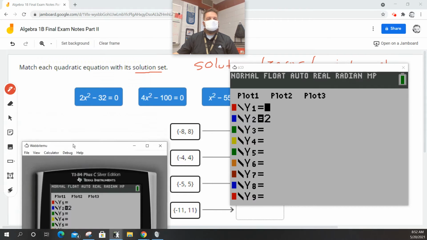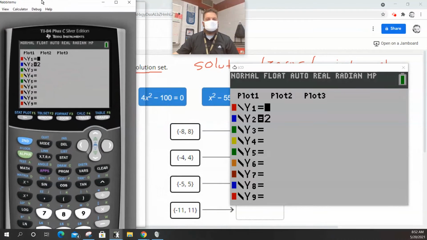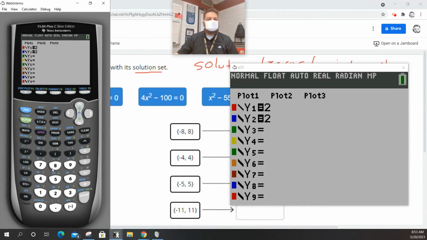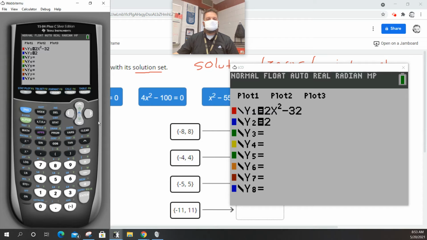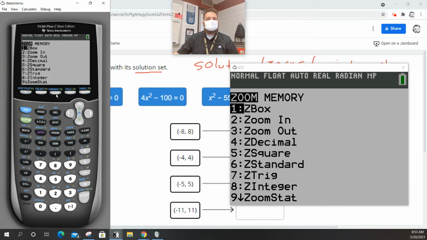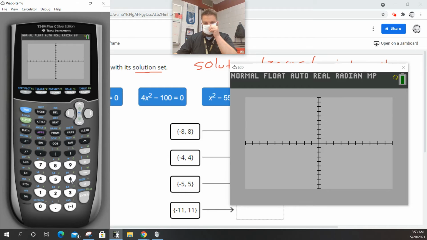So the first one is 2x squared minus 32. Because it's already set equal to 0, if I hit zoom and go to standard, which is the 6th option, it looks like it crosses at -4 and +4, right?